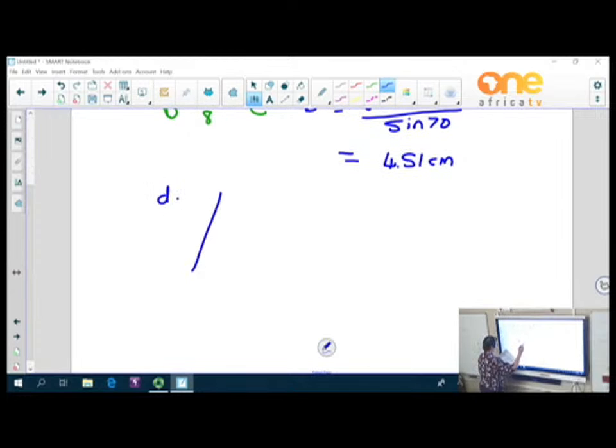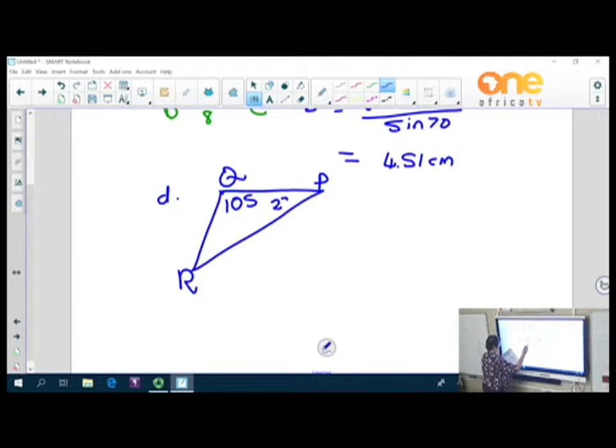Again, triangle PQR. We again have an obtuse angle there, Q, which is 105. So PQR. P is 27. And R is 15. R is the small letter there, so that one is 15. And we have to calculate Q, this one here. Opposite sides, opposite angles. Now here we can see we need angle R because this one is opposite that side and we don't have that. 105 minus 27.